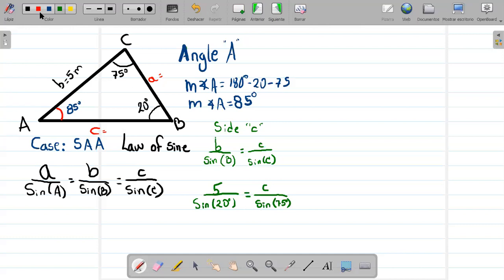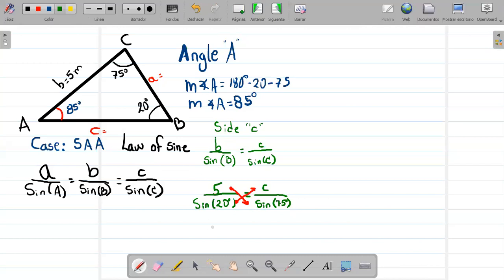You can solve that one applying the cross product property. Or I think you already get it, this equation works with the sine of 75 dividing, you can pass it to the other side, multiply, you decide. So I'm gonna do the procedure we have been doing, and then that way we're gonna conclude.